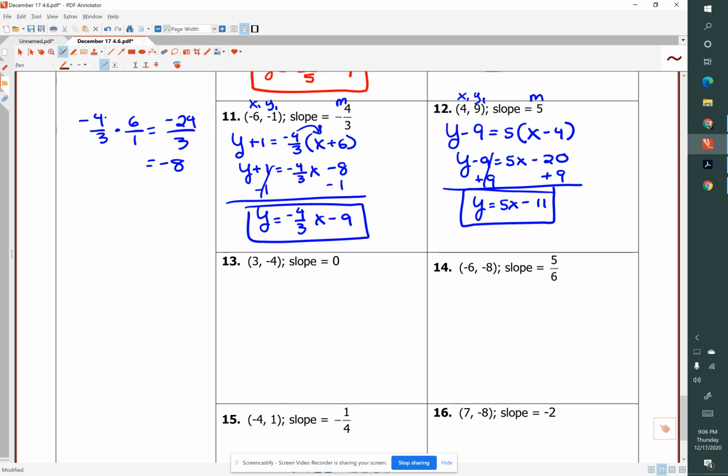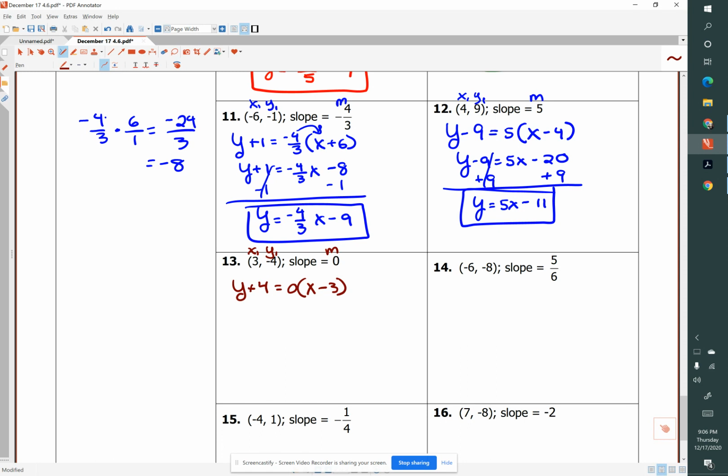Number 13. Our x sub 1 is 3, our y sub 1 is negative 4, and our slope is 0. So y minus negative 4 would be plus 4 equals 0. You can go ahead and write that in, times the quantity of x minus 3.